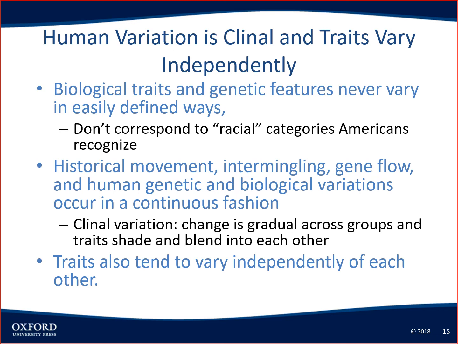So, clinal variation: change is gradual across groups and traits shade and blend into each other. The traits also tend to vary independently of each other. So, independent variation: there's no connection between skin pigmentation and any other supposed racial trait, such as certain facial features, cranial size, or body shape.